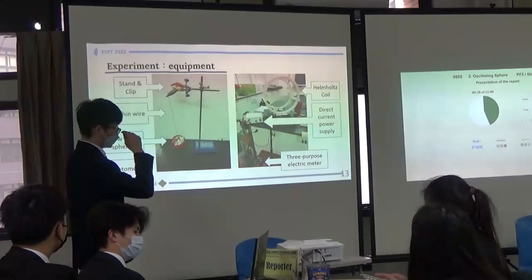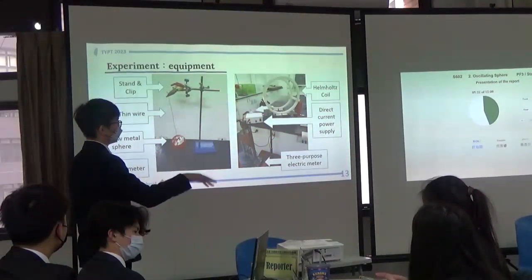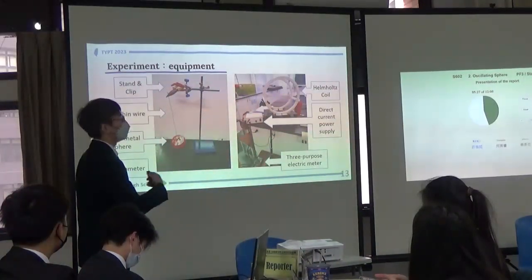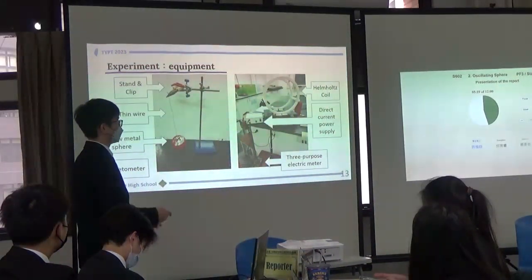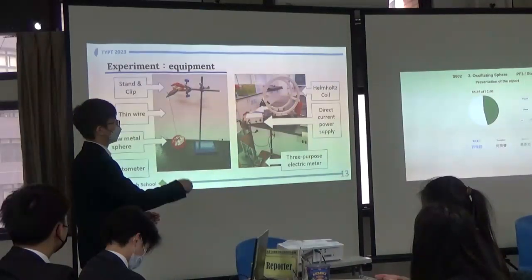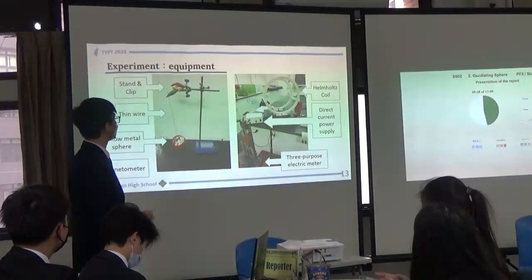To generate a stable magnetic field, we use a current power supply connected to a Helmholtz coil, which generates a stable magnetic field. And we use a repurposed electrometer to ensure that the whole experiment goes well.